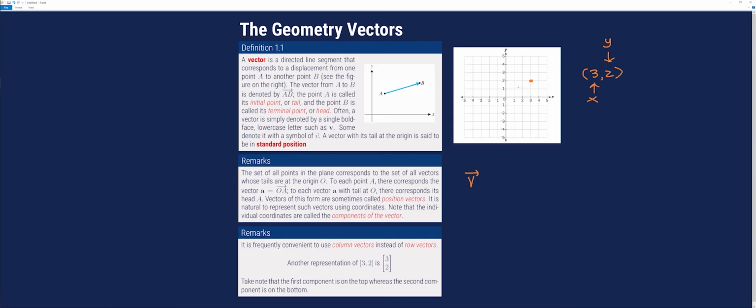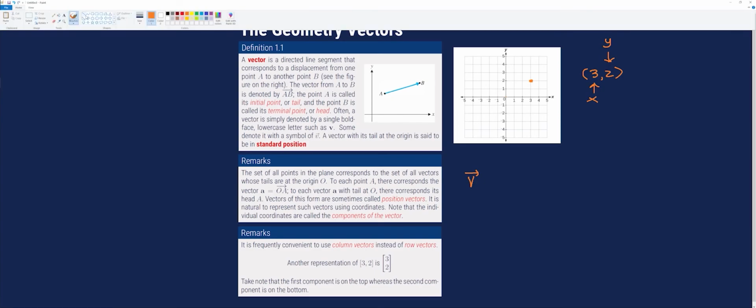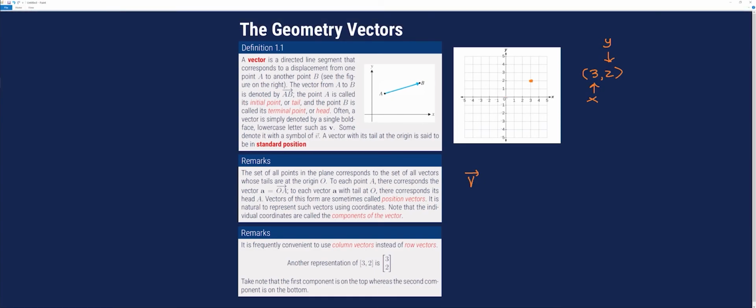Now, if we translate this into a vector, all we need to do is draw an arrow. The tail should be on the origin, going towards that coordinate. Then we draw an arrowhead exactly at (3, 2). To name this using vector notation, instead of writing a parenthesis, we write a square bracket.